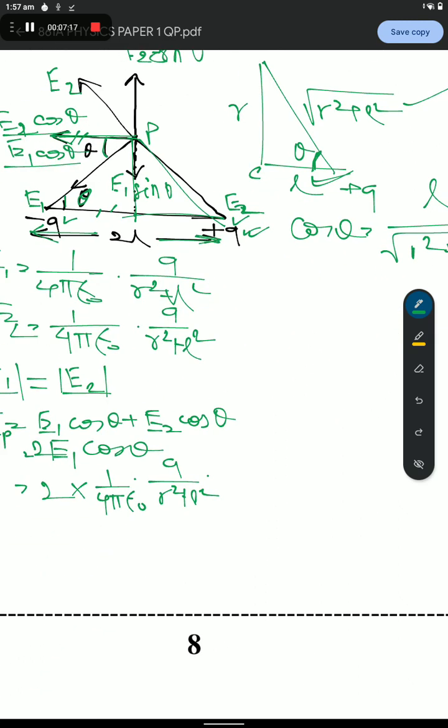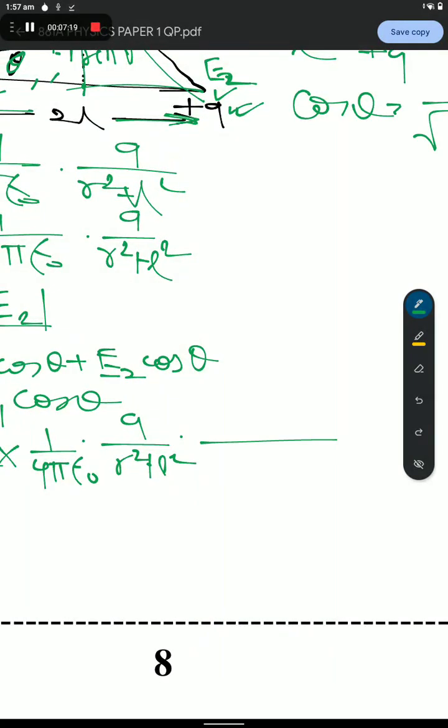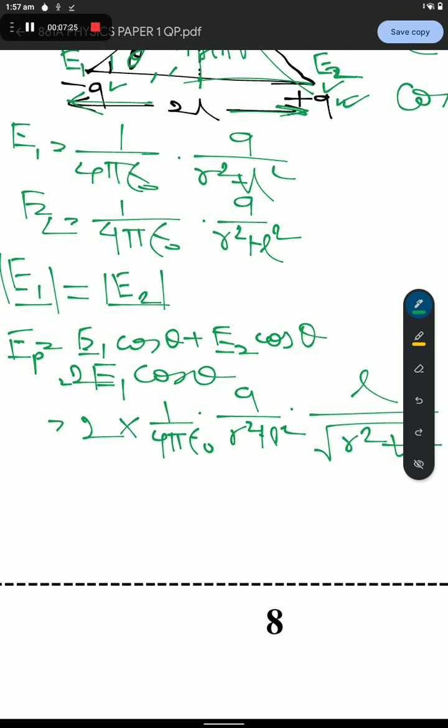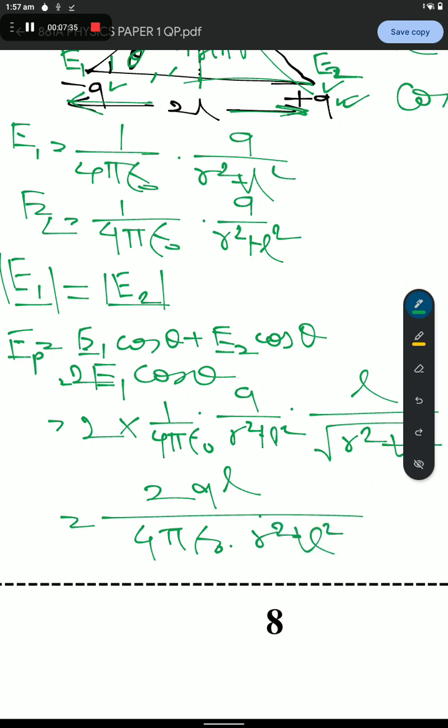So we can very well write in place of cos theta here, l by root r square plus l square. So you can see that it will be 2ql by 4 pi epsilon naught times r square plus l square to the power 3 by 2.